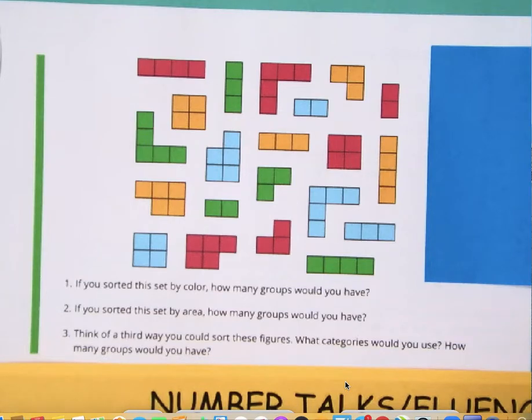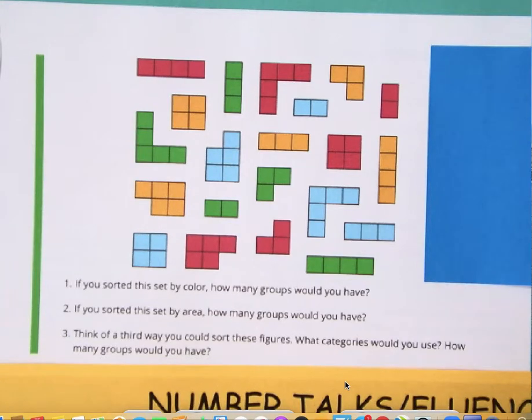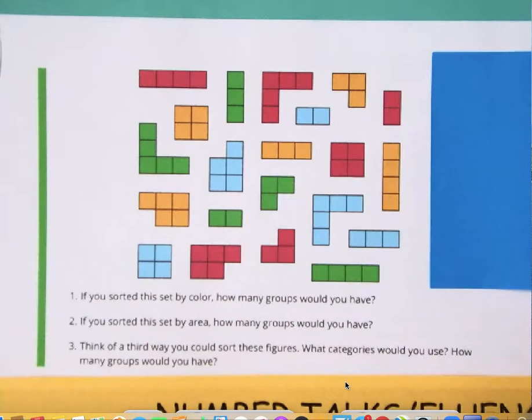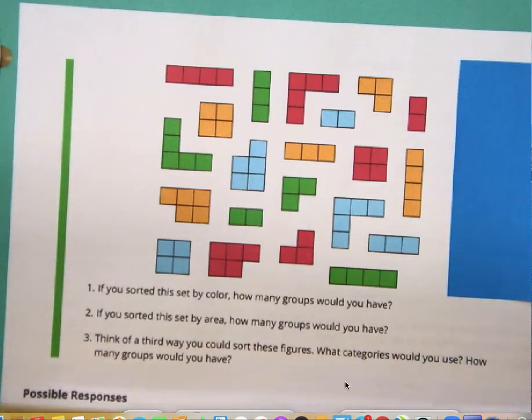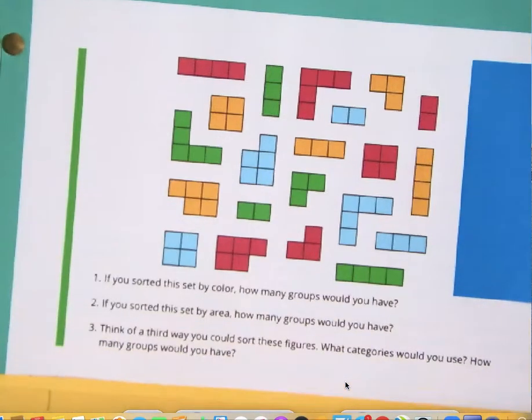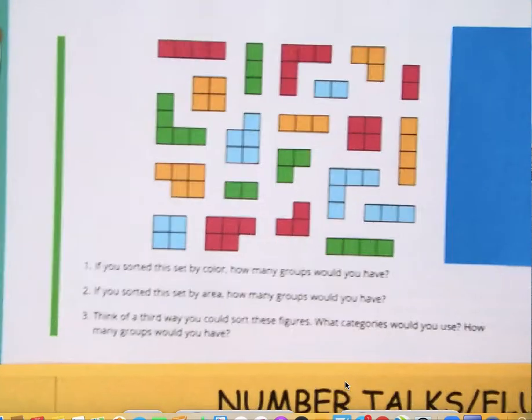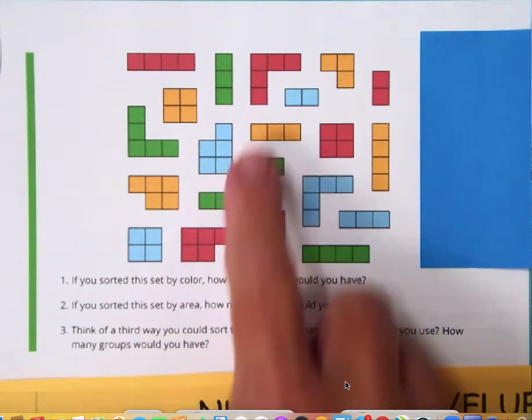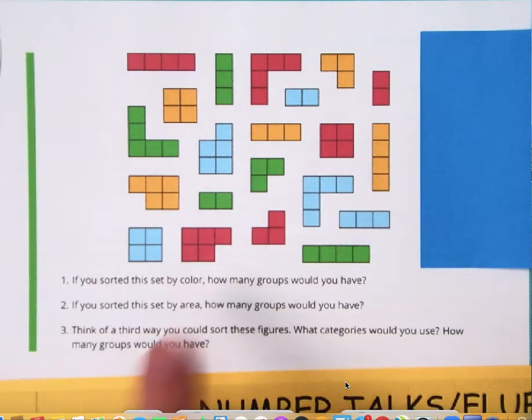How else could you sort it? What's another way that you could sort these figures? Could you sort them like their shape, like if they're L-shaped or if they're stacked?